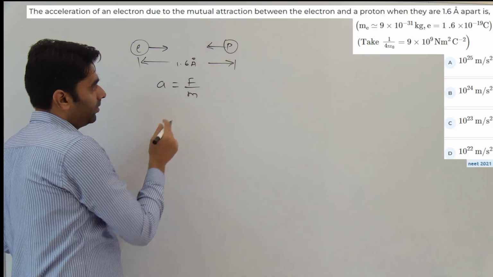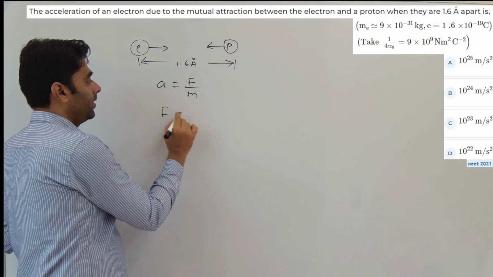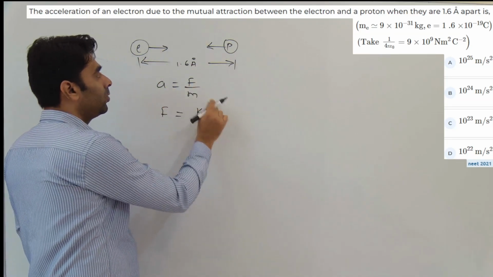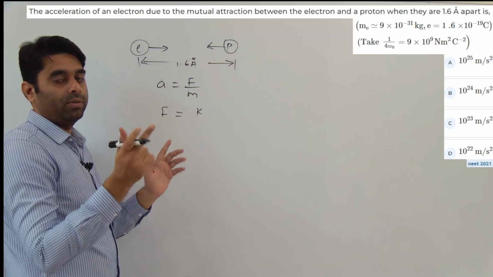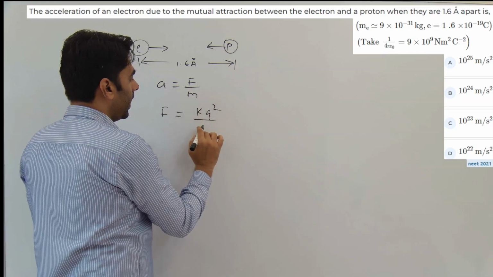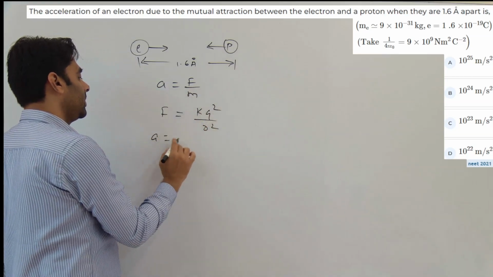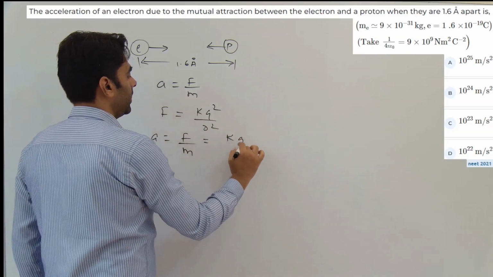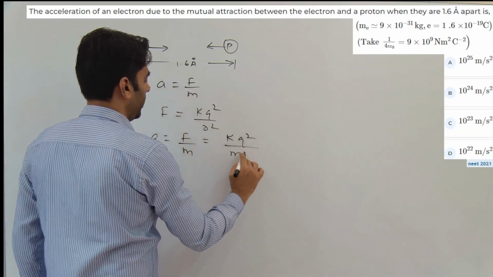So let us write down what is our electric force. Electric force between the electron and proton will be kq1q2. Now, we know that charge on electron and proton magnitude wise is same only. So we can write kq square by r square, and acceleration will be F by m. So it becomes kq square by mr square.